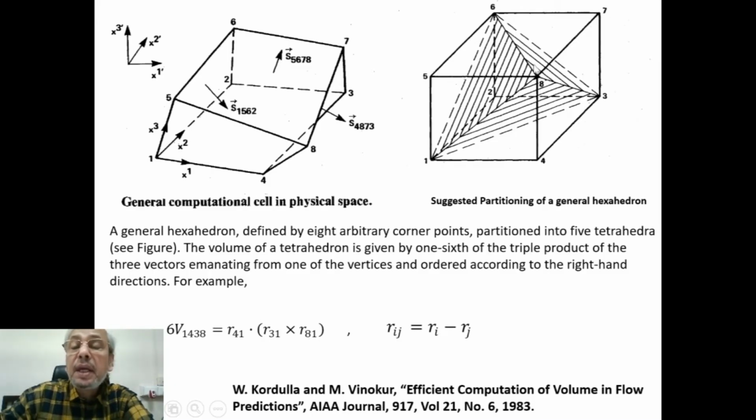So this way, if we calculate individually the volumes of the 5 tetrahedra, then we will get the total volume of the hexahedron.